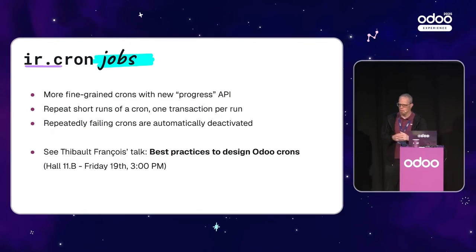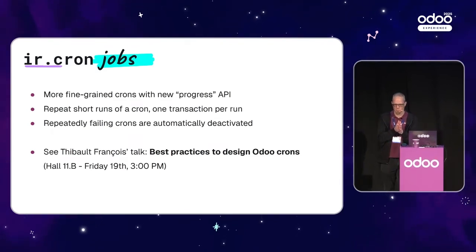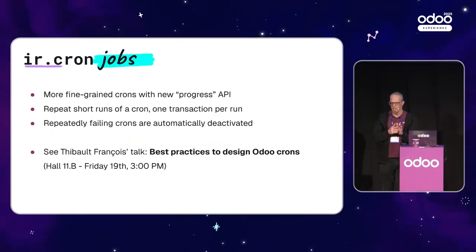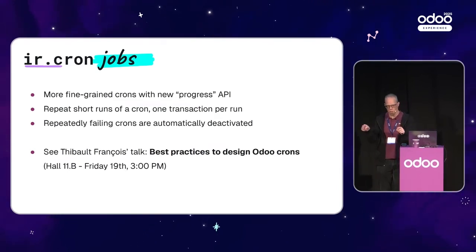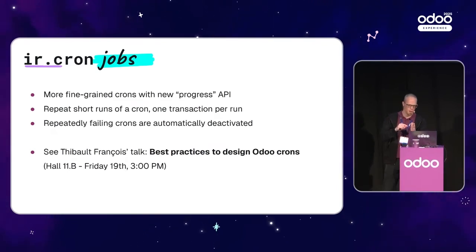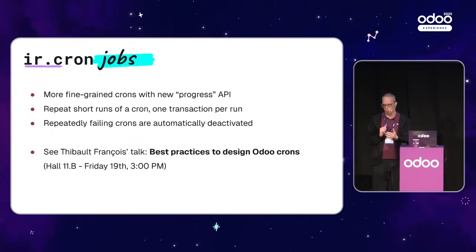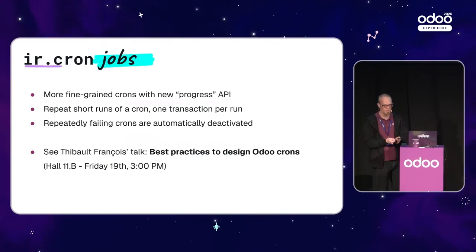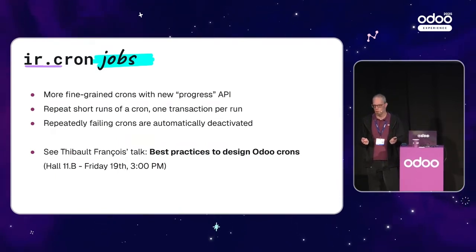And it allowed to figure out when a cron fails, for some reason, whether it actually made some progress or not. And if it keeps on failing without ever making progress, it means there's something wrong with that cron. And we already had added a mechanism to automatically deactivate such a cron if it cannot provide evidence of progress, because the cron may be actually using a lot of resources for nothing.